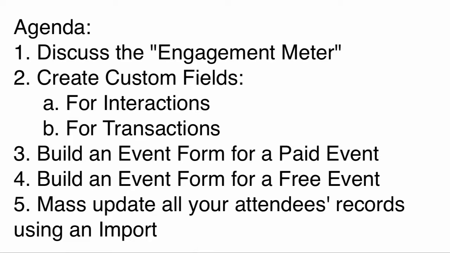You don't want to go into Bloomerang and look up 300 people one at a time and add a new interaction to their record. So we're going to show you how to do that with an Excel spreadsheet and an import that can probably do this for you in 10 minutes instead of 10 hours. So that's what we're going to try to cover today. And with that, let me get out of my slides and get into Bloomerang.